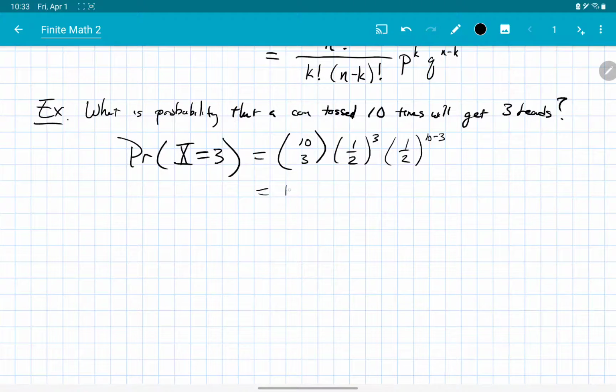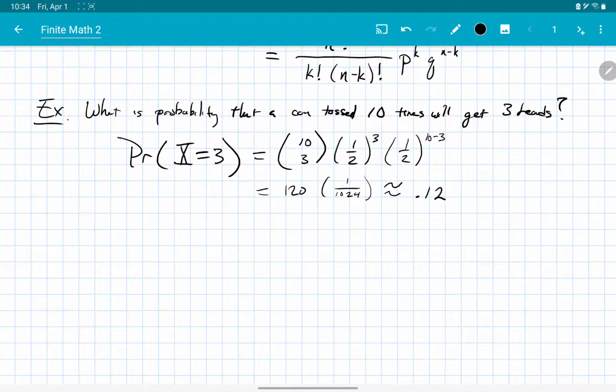10 choose 3 turns out to be 120. And this altogether, because the probability of success and failure are the same, this is just 2 to the 10th in the denominator there, and 2 to the 10th is 1024. And when we multiply these two things, this is about 0.12. So there's a 12% chance you'll get exactly 3 heads.